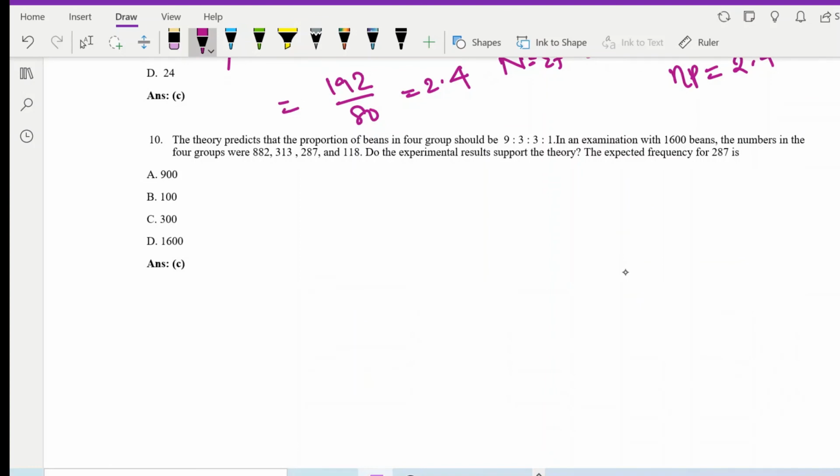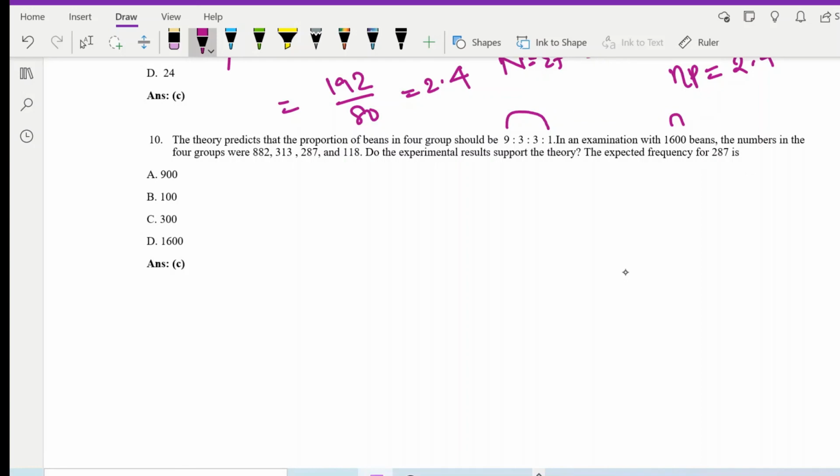Next question. The theory predicts that the proportion of beans in 4 groups should be 9:3:3:1 in an examination with 1600 beans. So the general theory is 9:3:3:1. We have cross-checked how far the ratio 9:3:3:1 is true for 1600 beans.